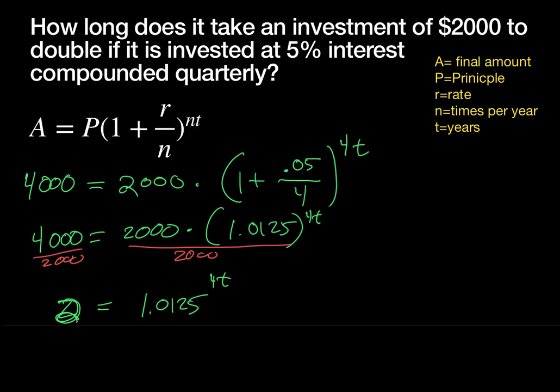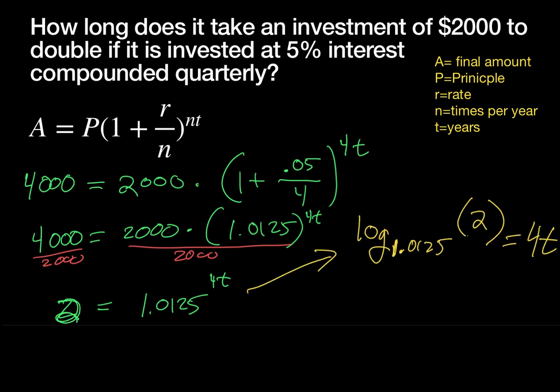What is my base? That's my base. So I'm going to convert this into log base 1.0125. What goes inside there? 2. The exponent, just like when we did exponents to logarithms: base to the exponent equals that number.